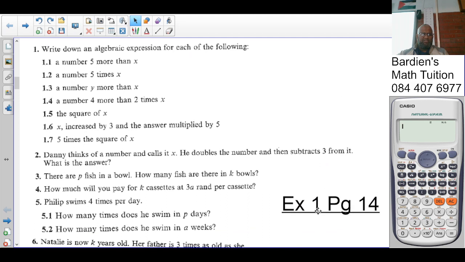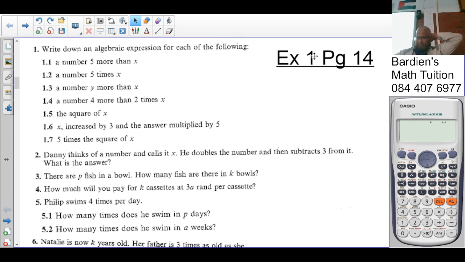So the question says, write down the algebra expression for each of the following. The first one is a number 5 more than x. So that's going to give you 5 plus x.